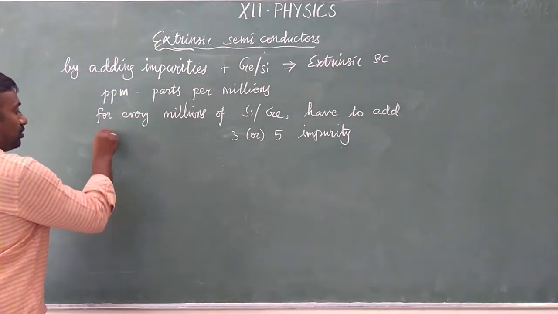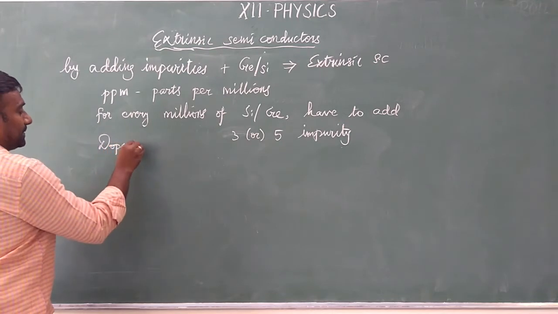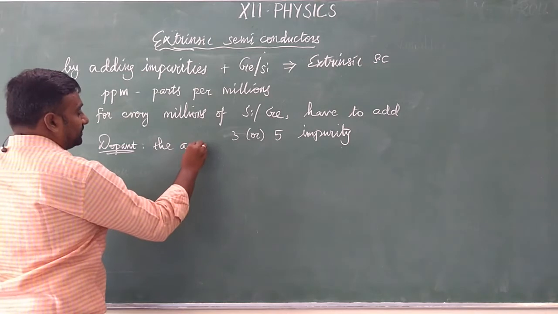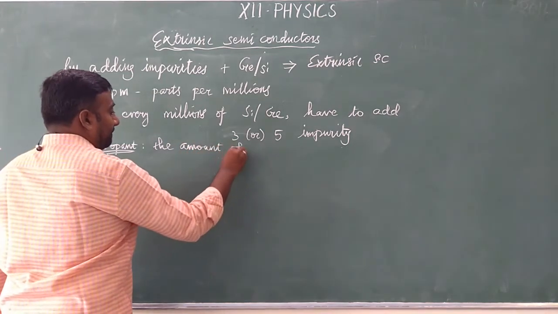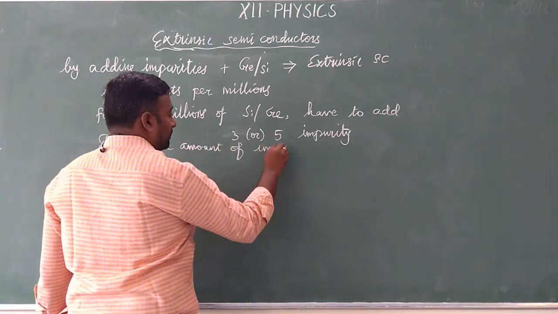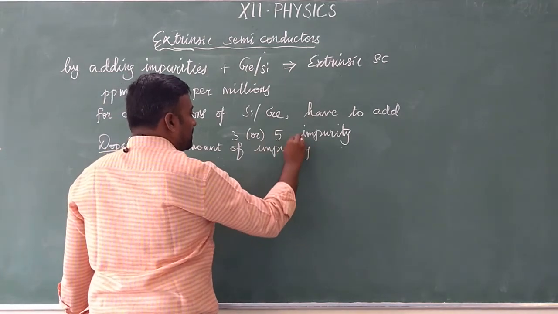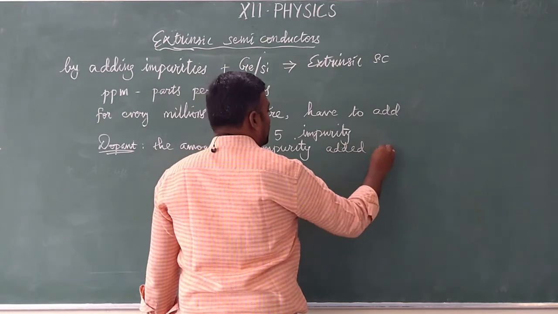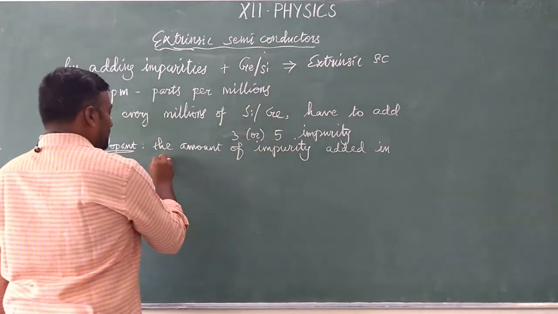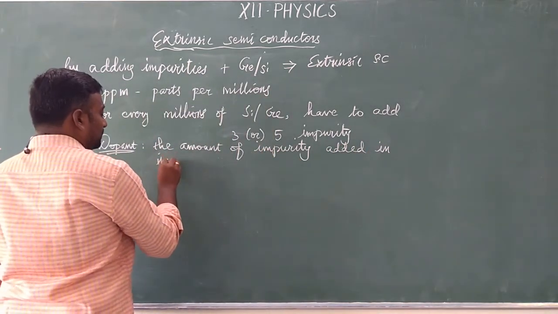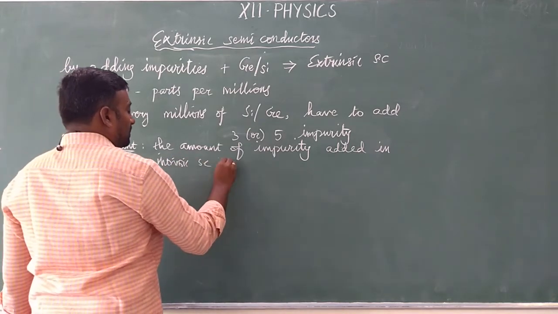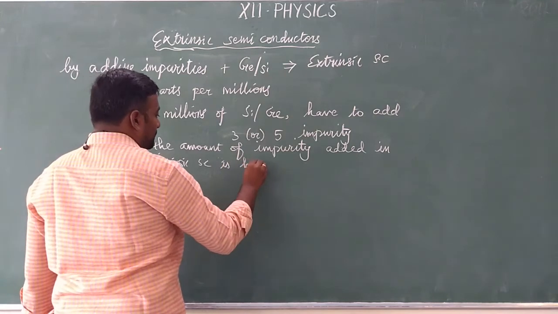So what is called a dopant? The amount of impurity added in an intrinsic semiconductor is known as a dopant.